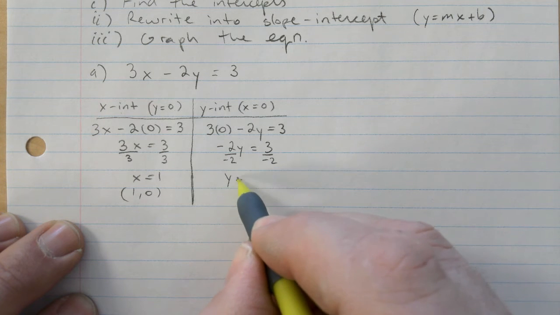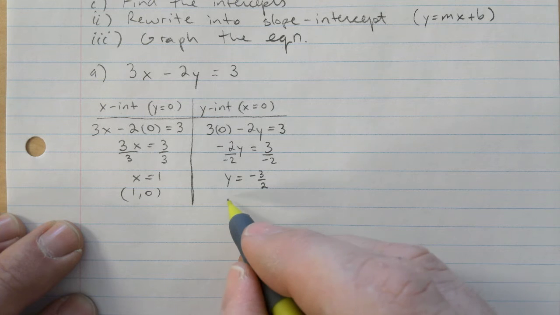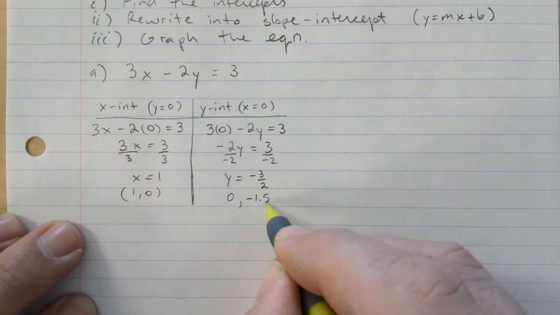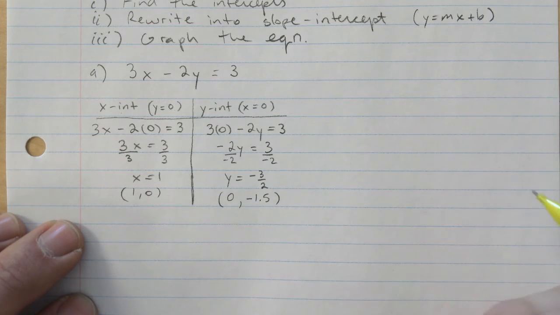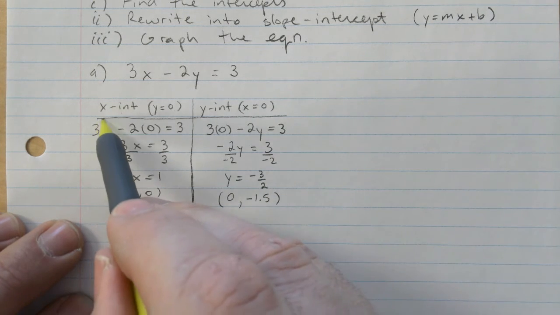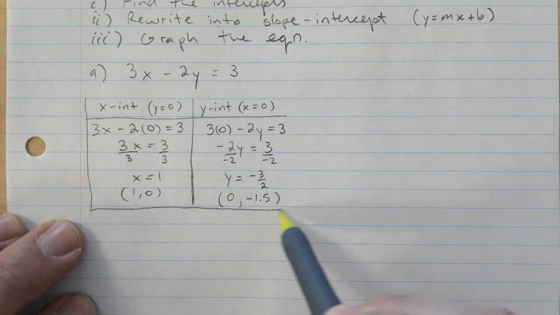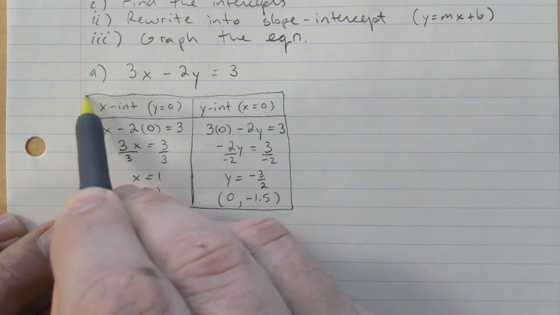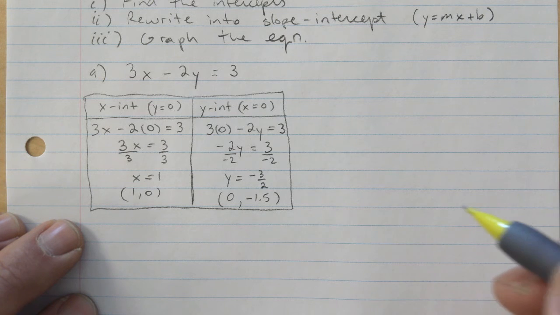And that leaves me with y is equal to negative 3 over 2. And you could say 0, negative 1.5. So in IPR, you would not have wanted to turn that into a decimal. In applied, that is fine to do. And then what I normally do is I box this in so that the x and y intercept are easy to find. They're right there.